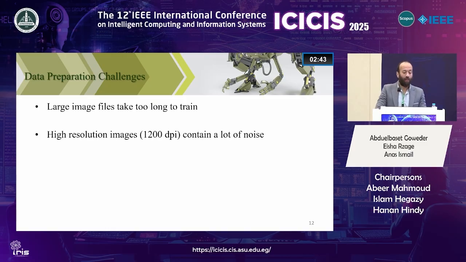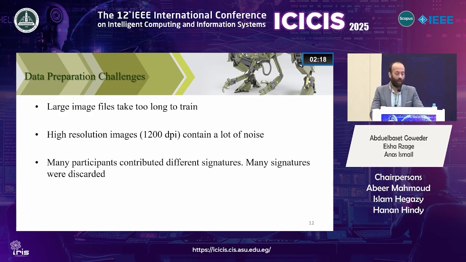We also tried different resolutions. At the beginning, we started with a very high resolution, 1200 dpi, but this was too much, and it gave us a lot of errors because it contained a lot of noise. Very high resolution picks up artifacts that are not part of the signature.